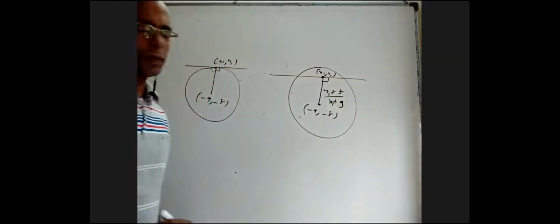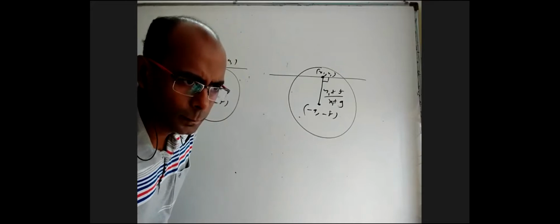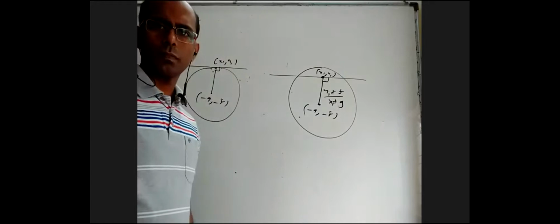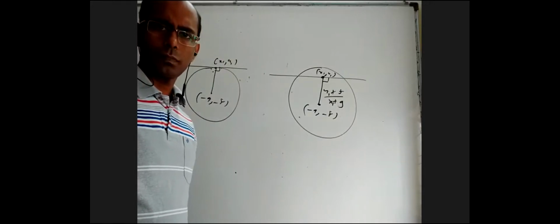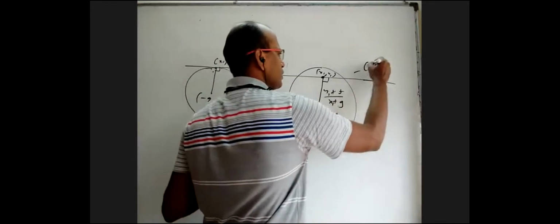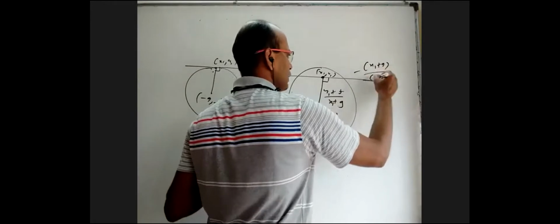And this line is perpendicular to that. Then what is the slope of this line? Minus of x1 plus g by y1 plus f.